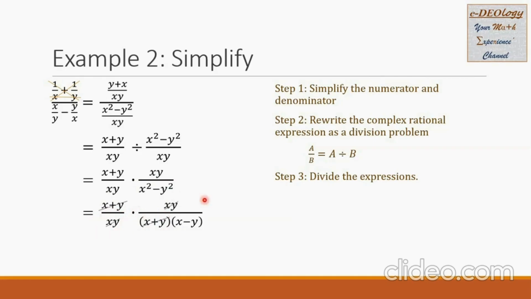So after the cancellation, we will collect the remaining factors. In the numerator, nothing is left, so we will put 1. In the denominator, only the binomial x minus y remains, so we will copy that. So this is our final answer, 1 over x minus y.